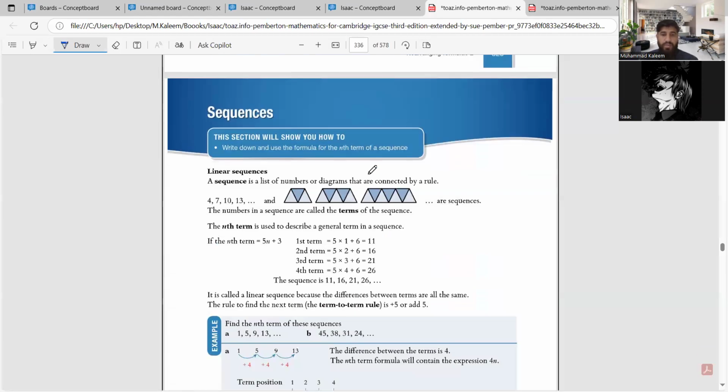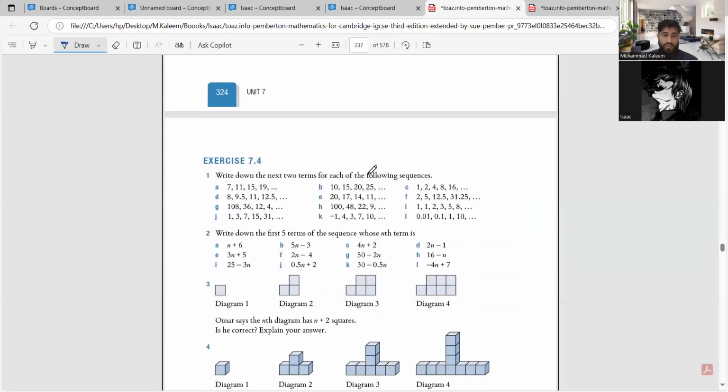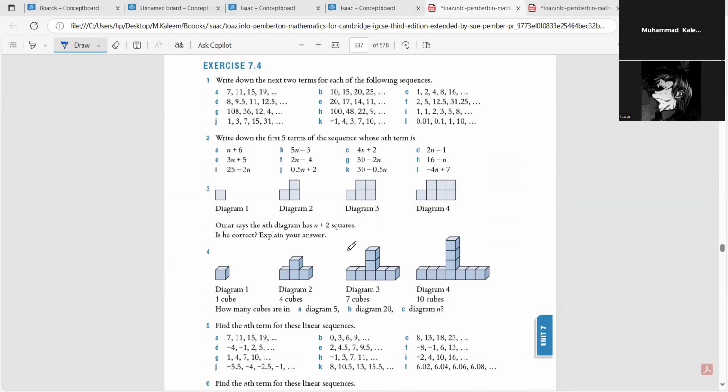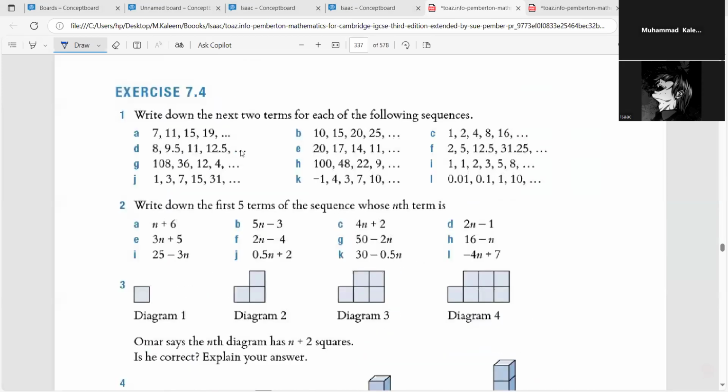The next topic is sequences. How much do you know about sequences? Is it like repeating something? Yeah, it's a pattern. If you check out the first few terms of the sequence, you can easily identify the next terms.